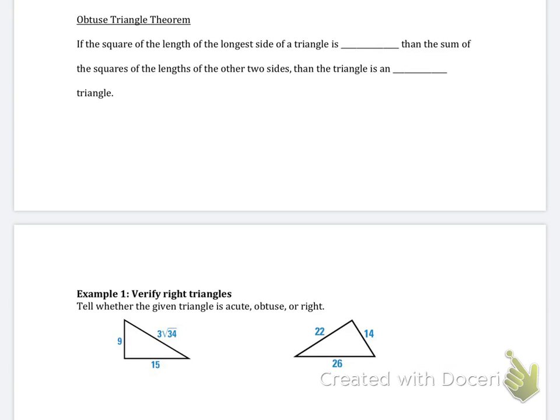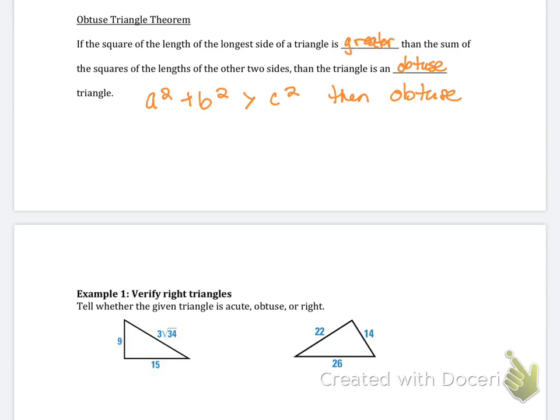So if the square of the length of the longest side of a triangle is greater than the sum of the squares of the other two sides, then the triangle is an obtuse triangle. So if a squared plus b squared is greater than c squared, then obtuse. As long as you always put your c on the right-hand side, it's pretty simple to keep straight. Equal, right, less than, acute, greater than, obtuse.